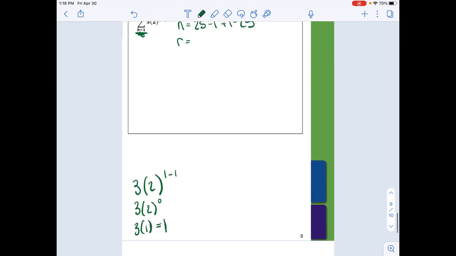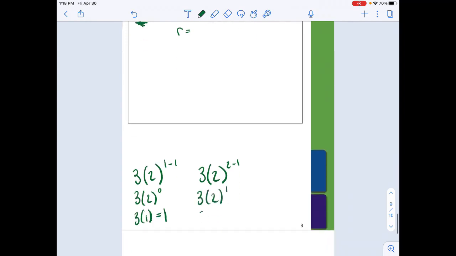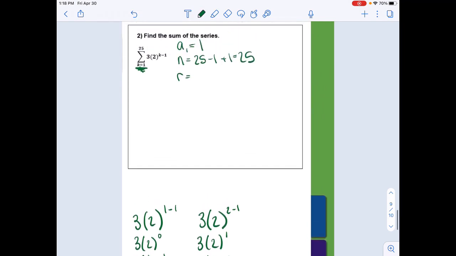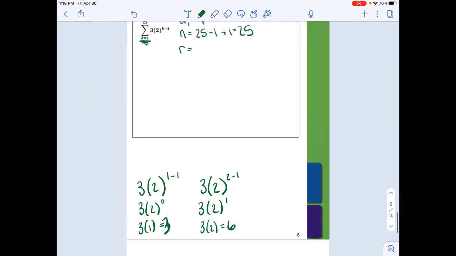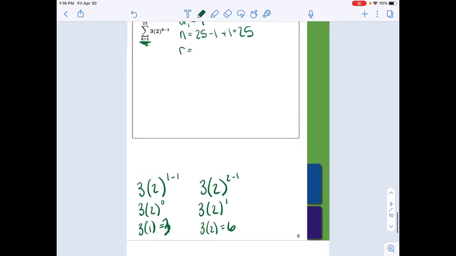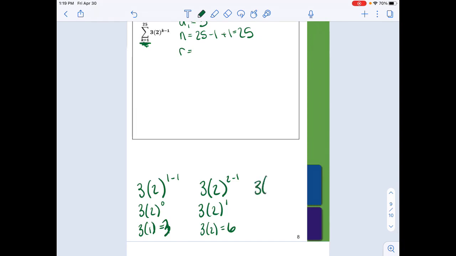And our common ratio, let's solve out just a couple more to make sure that it is actually 2. Oh, I'm so sorry. This is not a 1. 3 times 1 is 3. Hopefully you guys caught that. 3 times 2 is 6. Here we go.